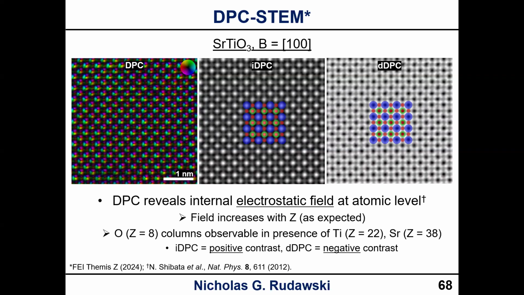We do expect that the field is going to increase with Z. It's kind of hard to see, but where the oxygen columns are in the DPC, there is a little wheel there as well, but it's much weaker compared to the other ones, as we would expect. But the key point here is that if we compute the IDPC and DDPC, we can now observe the oxygen in the presence of the higher Z elements. We do have a contrast reversal between them, but they both work for that.